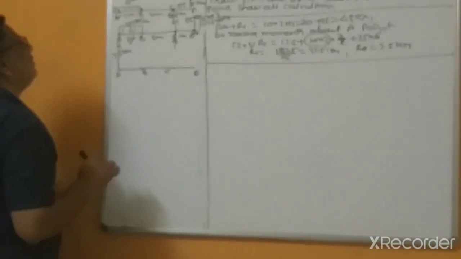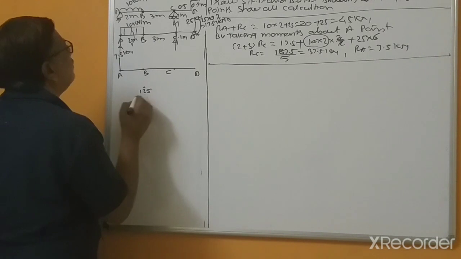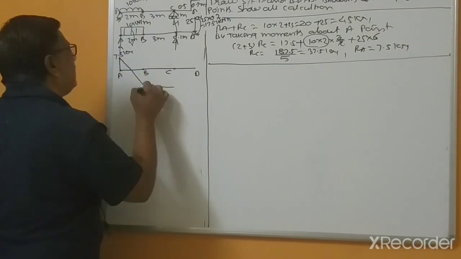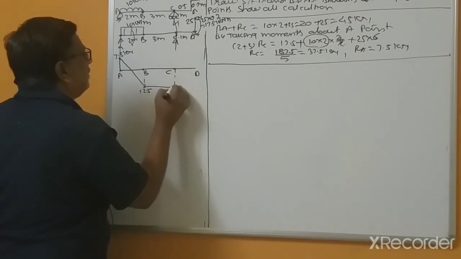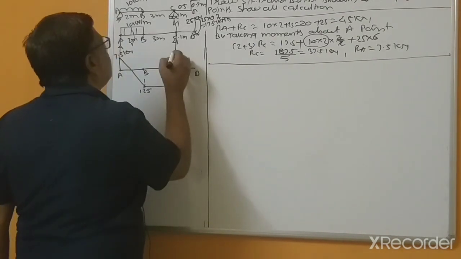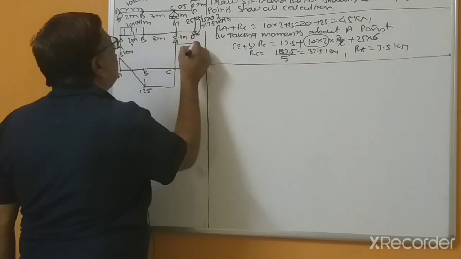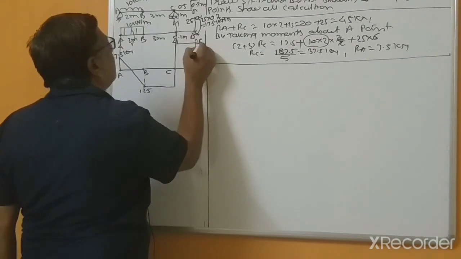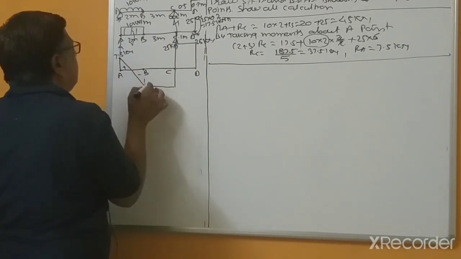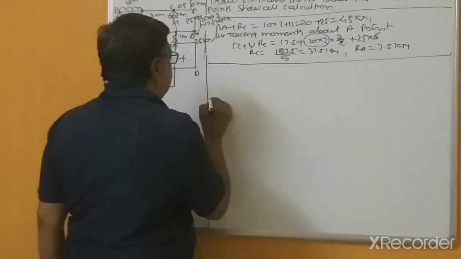Now this is 10 into 2, so this is 12.5. In between, no force, so this is a straight line. And here 37.5 plus, so this is 25 kilonewton. So this is positive, negative, this is positive.